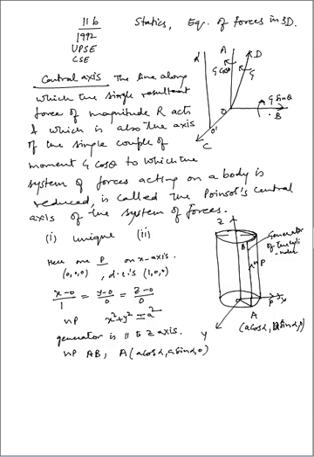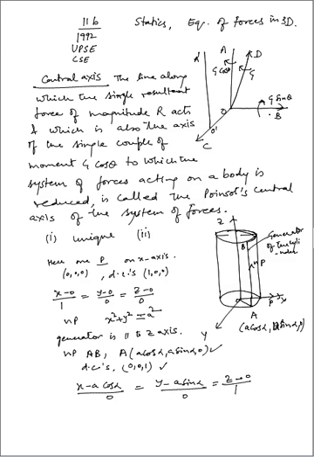And DCs of the z-axis are 0 0 1. So we can write it is passing through A, and the equation is x minus a cos alpha upon 0 is equal to y minus a sin alpha upon 0 is equal to z minus 0 upon 1.